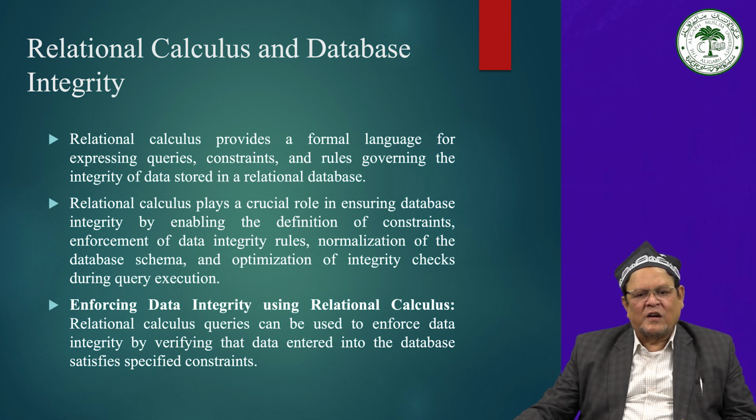Relational calculus plays a crucial role in ensuring database integrity by enabling the definition of constraints, enforcement of data integrity rules, expression of business rules, normalization of the database schema, and optimization of integrity checks during query execution. By leveraging relational calculus, database management systems can maintain the consistency, accuracy, and reliability of data stored in relational databases.